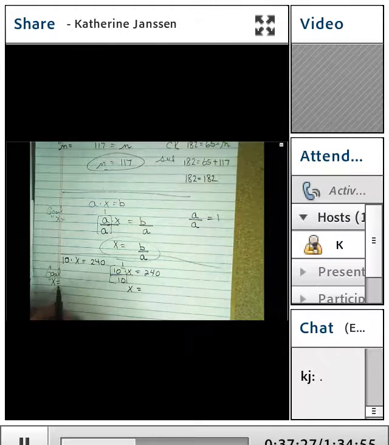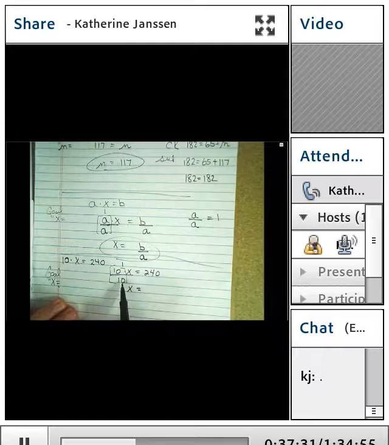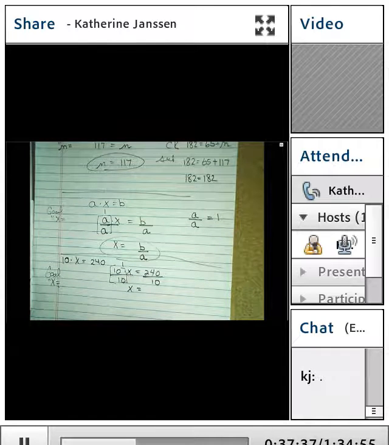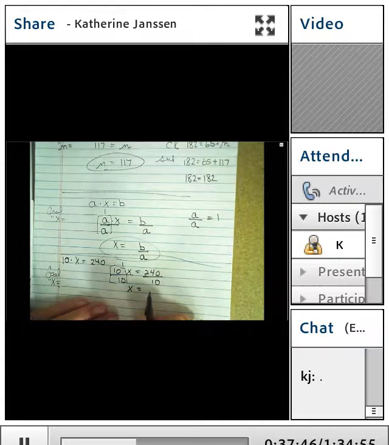I'm getting close to my goal. But if, because of some strategy, I have to divide this side of the equation by 10, I'll have to divide this side of the equation by 10 as well to maintain my equality, to keep my pendulum balanced. And 240 divided by 10 is 24.